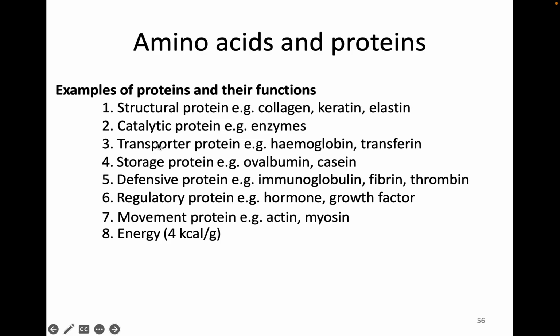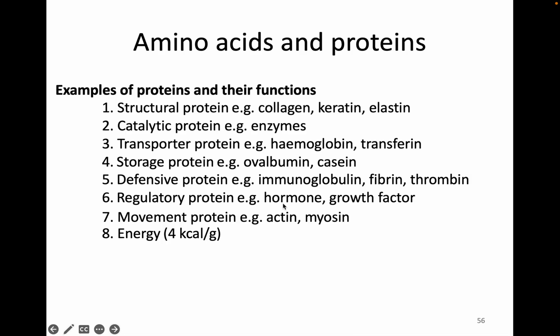Protein can act as a transporter, like hemoglobin to transport oxygen and transferrin to transport iron. Ovalbumin is a storage protein for the growth of the embryo, while immunoglobulins and complements are proteins that defend against foreign particles. We know that immunoglobulins can be called antibodies.